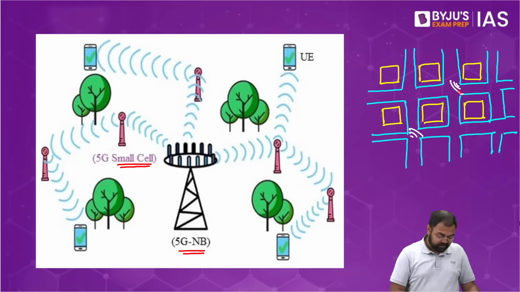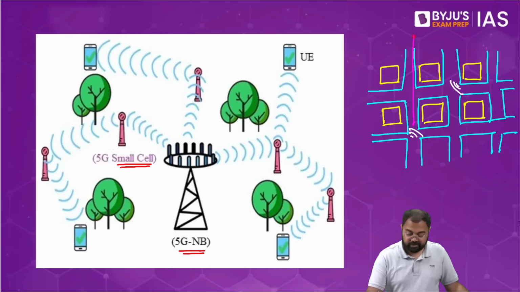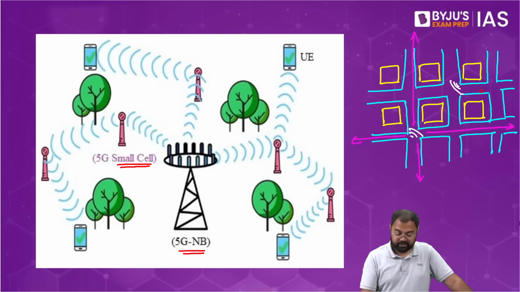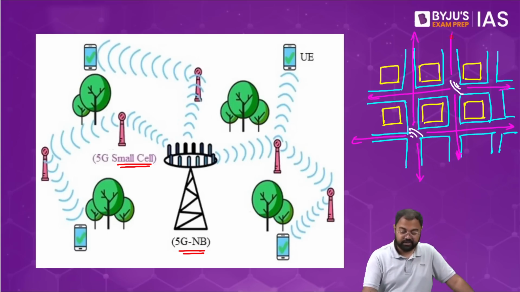So then this one small cell will be able to provide connectivity very nicely in these parts. It will have this much of connectivity, whereas this one will be able to connect areas like this.